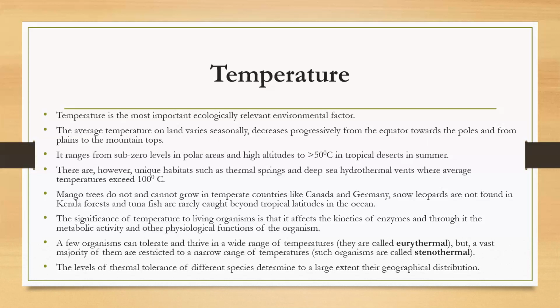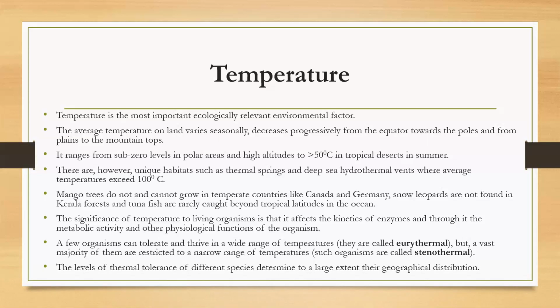The levels of thermal tolerance of different species determine to a large extent their geographical distribution. So this I told at the beginning. The thermal tolerance, the capacity of the organism to tolerate the variation in the temperature, their ability to adapt to the varied temperature conditions, these properties of the organism decide their distribution.